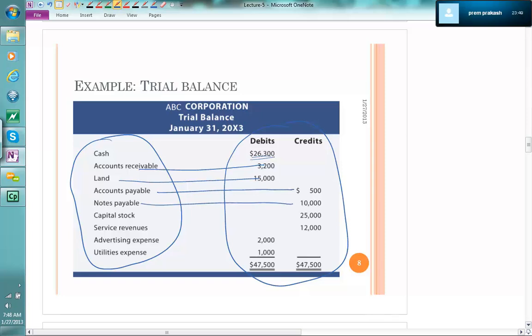Similarly, for all the assets you see a debit balance, and then you have liabilities. The liabilities and owner's equity are shown as credit balances. One more convention you see is that all of these are balance sheet accounts.